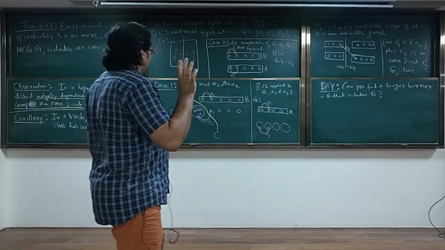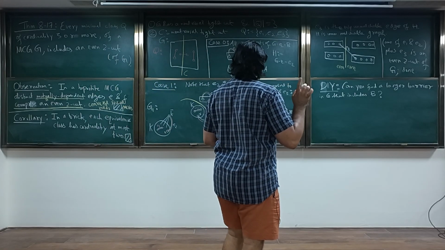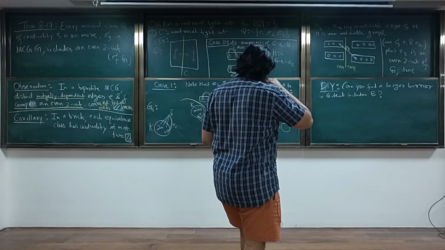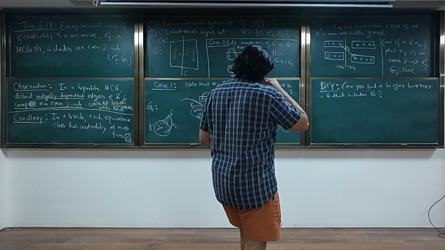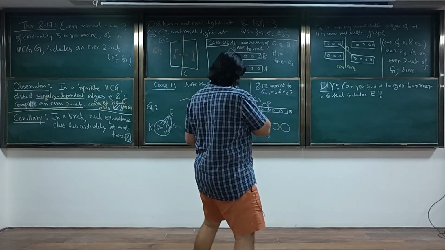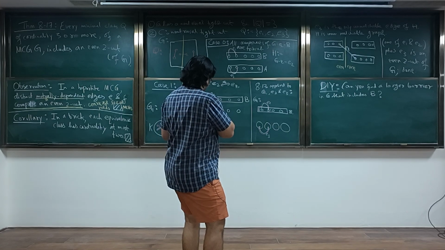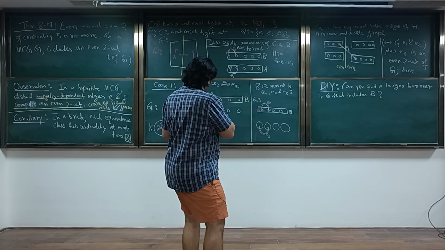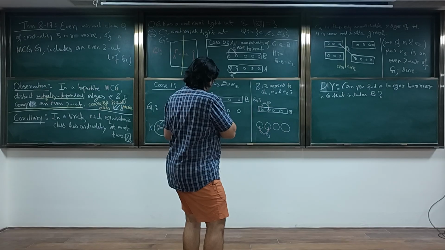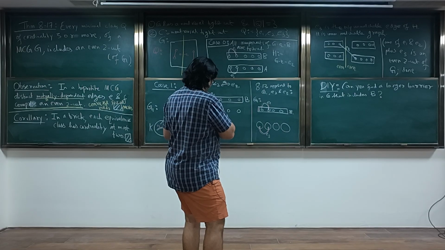Oh, good. Yeah, actually that's a good point. Not G, a barrier in G minus E2. G minus E2. Or is it G minus E3?